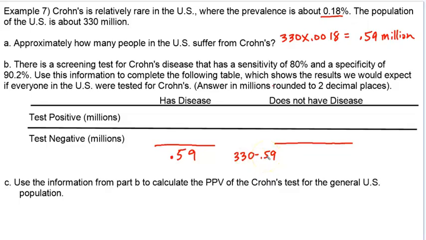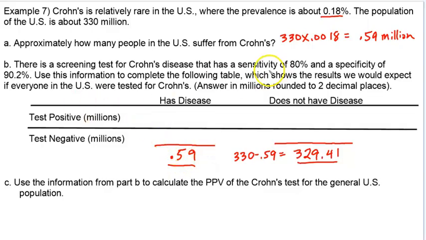So let's try that again. 330 minus 0.59. Okay, 329.41. So these two totals should add up to 330 million. They represent all of the population, those who have Crohn's and then those who do not.